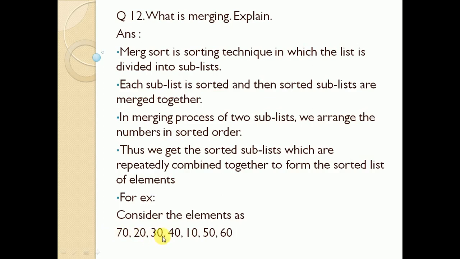Like that they will first arrange this sublist, and then the other sublist, and after sorting you have to go on merging the elements. So first sublist you will get 20, 30, 70, and here you will get 10, 40, 50, 60, and again these sublists are merged together, and then you will get the elements 10, 20, 30, 40, 50, 60, and lastly 70.